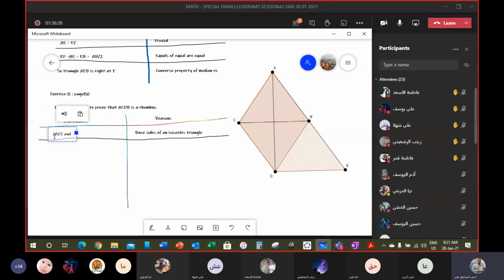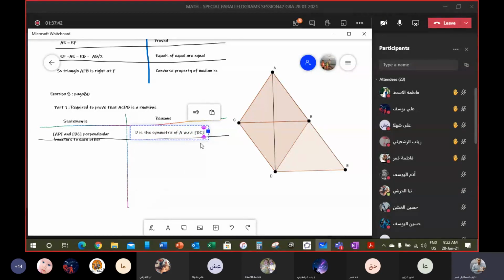AD and segment BC are perpendicular bisectors to each other, because B is the symmetric of A with respect to segment BC.